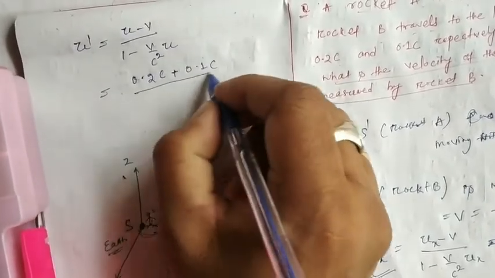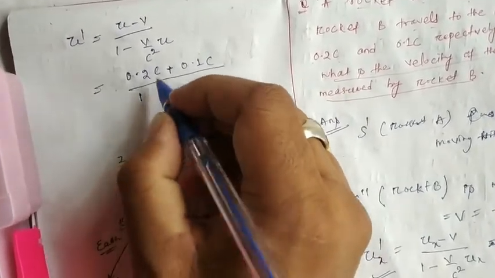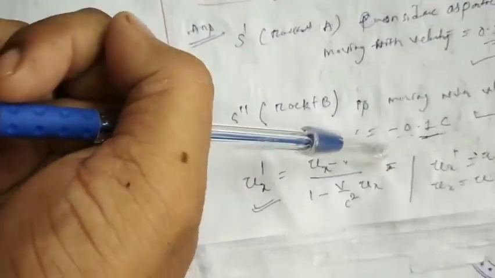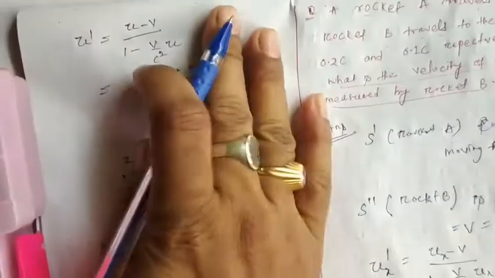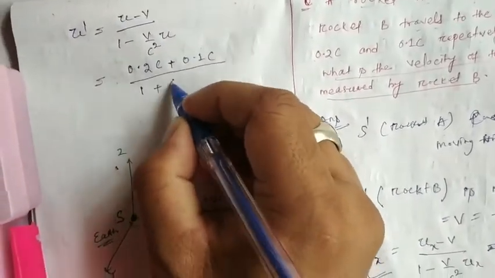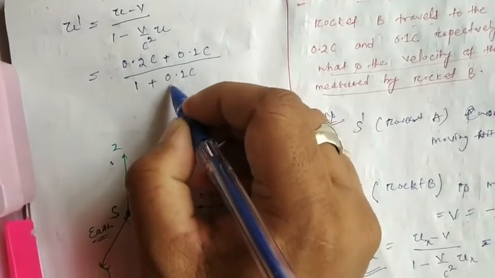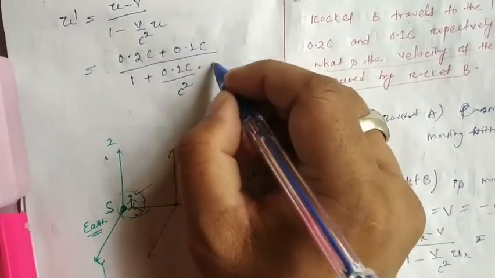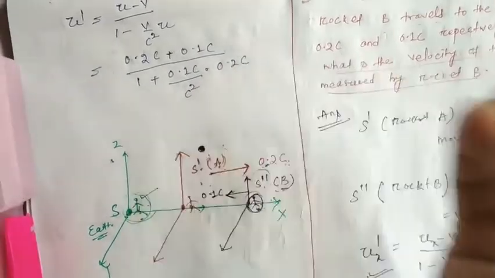Divided by 1. Here v we have considered as minus 0.1 c, so if we put it here, it will be plus. So it will be plus 0.1 c divided by c square into u, which is your 0.2 c.